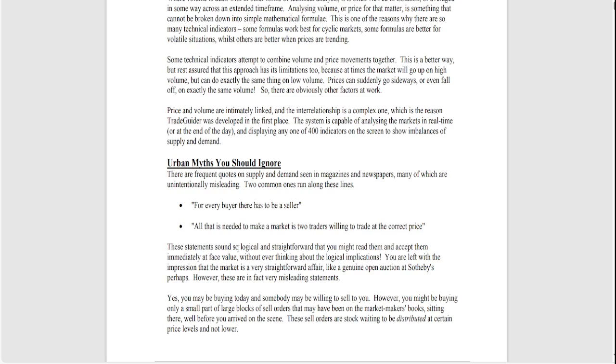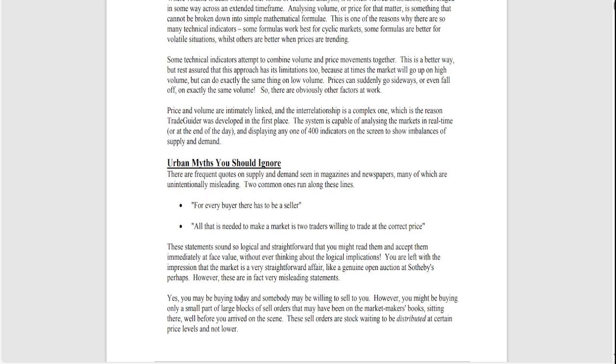These statements sound so logical and straightforward that you might accept them immediately at face value without ever thinking about the logical implications. You are left with the impression that the market is a very straightforward affair, like an open auction. These are in fact very misleading statements.